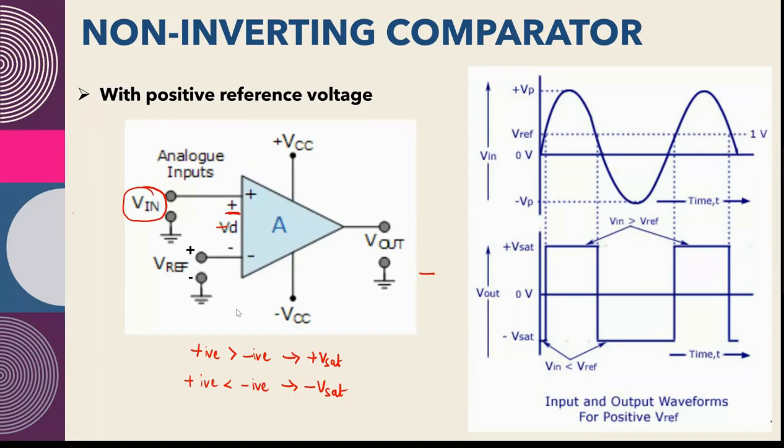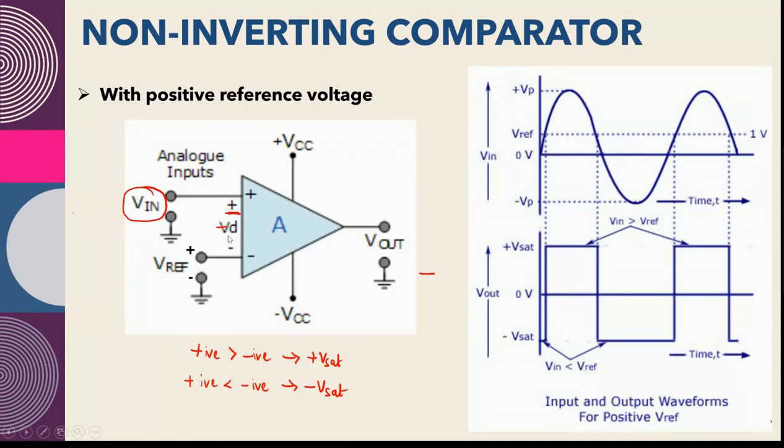The input signal which we have to compare, if we give it to the non-inverting terminal, then it is a non-inverting comparator. If we give it to the inverting terminal, then it is called an inverting comparator.